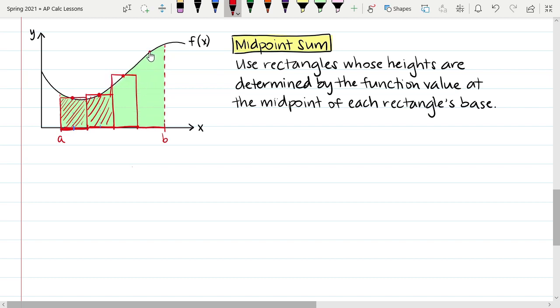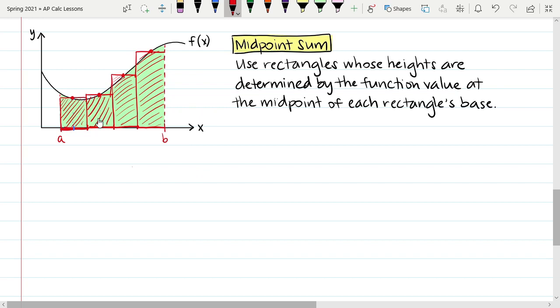And we've got this midpoint right there. All right, so that's the idea of a midpoint sum.